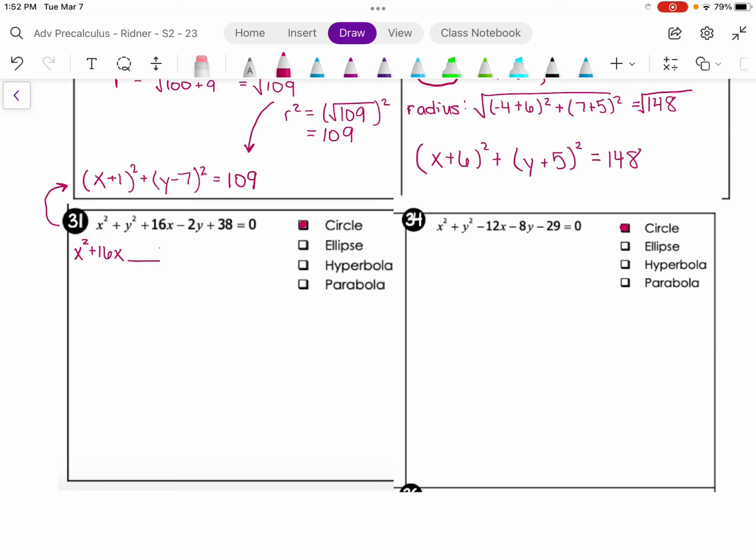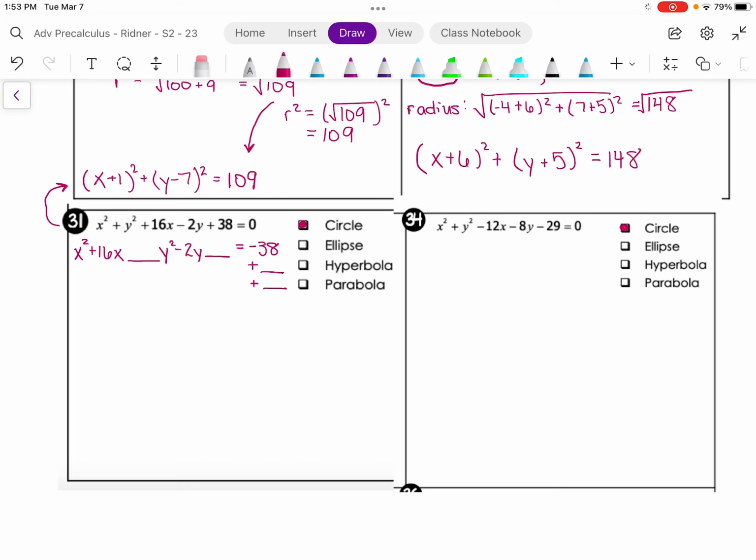I'm going to group my y's together, so y squared minus 2y. Also going to add something to that to make it factorable. And then I'm going to put the constant on the other side, and however many blanks I added to the left, so in this case 2, I need to add to the right. I was just kind of out of space, so bear with me there.